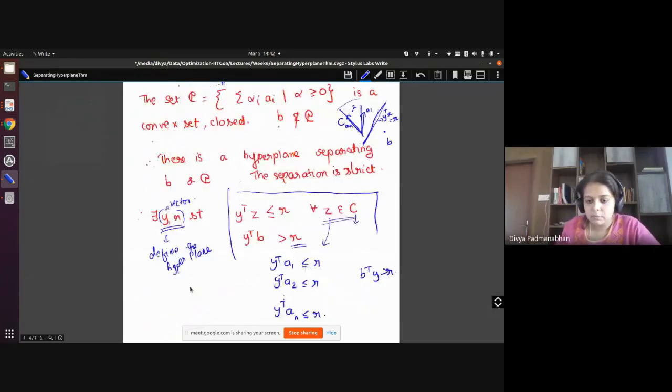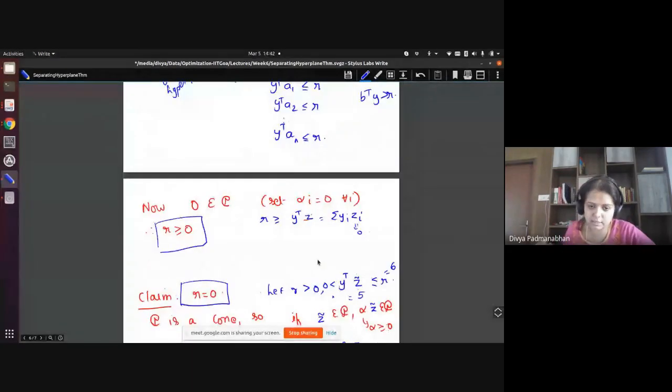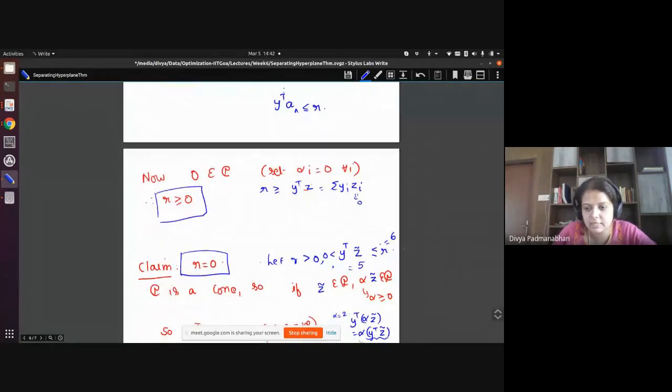Okay. So now r is greater than or equal to 0. Now, can it be positive? That's the question. So suppose r is positive, let's say r is some value 6. Now you also assume that there is some z tilde in this cone such that y transpose z tilde is positive. To show this particular fact, we need to consider some z tilde such that this is equal to 5 or some positive quantity less than r.